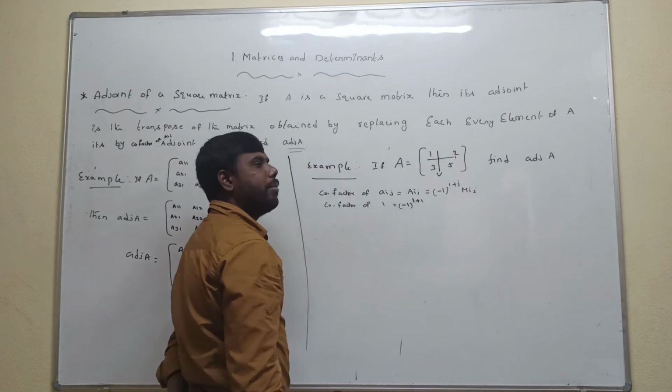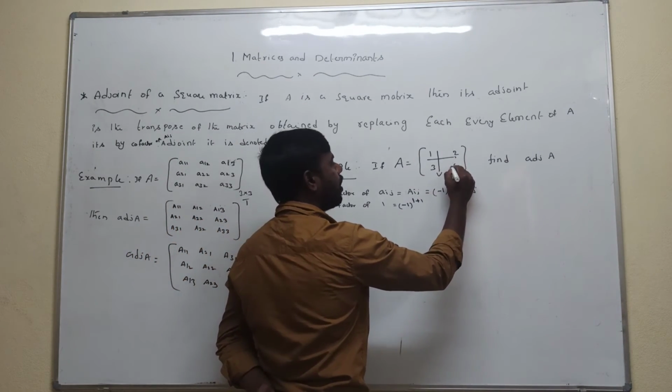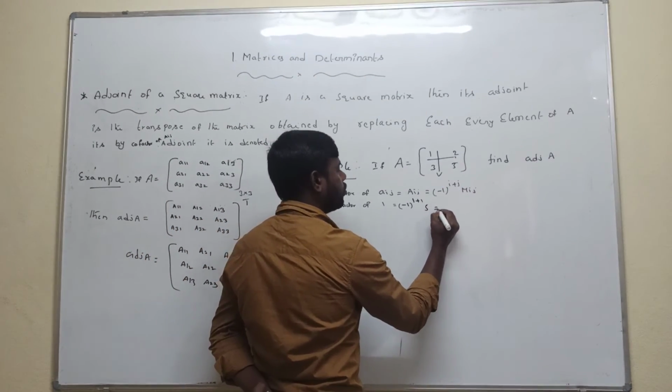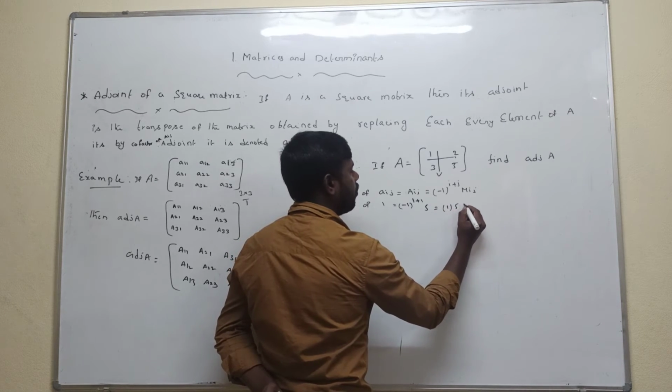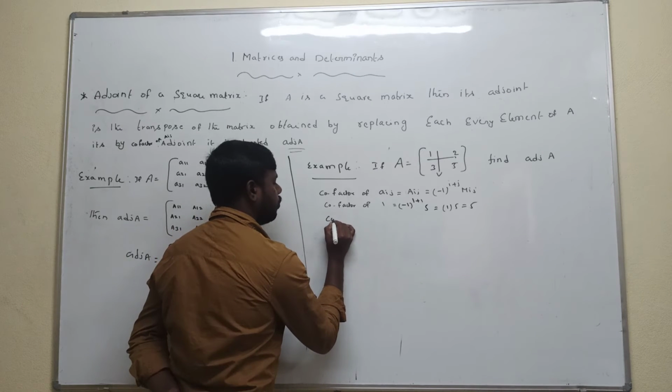What is left of the element is called the minor. What is left here? 5. So 1 into 5 is 5.